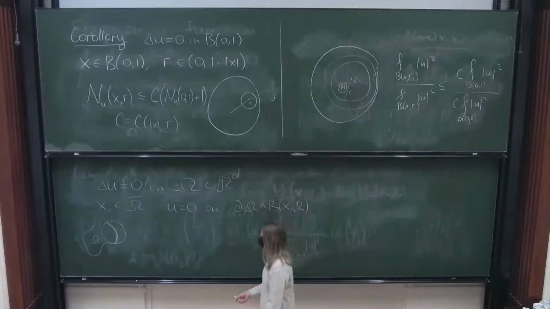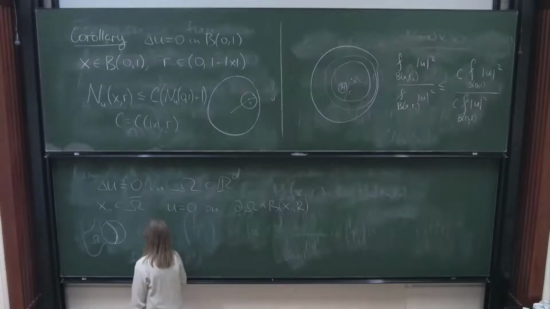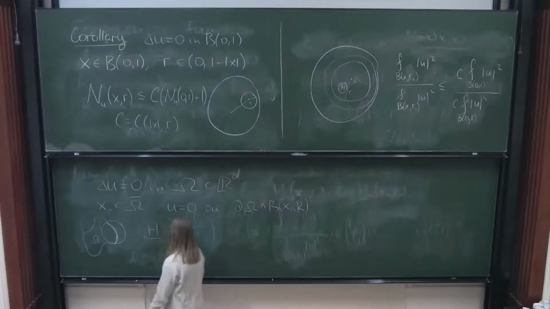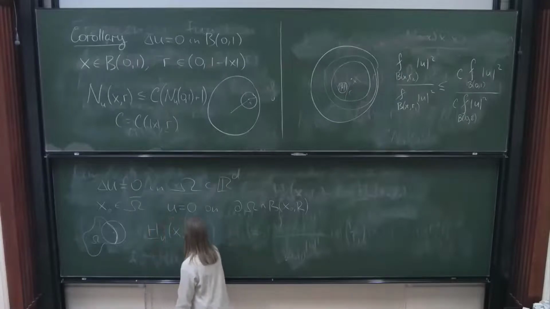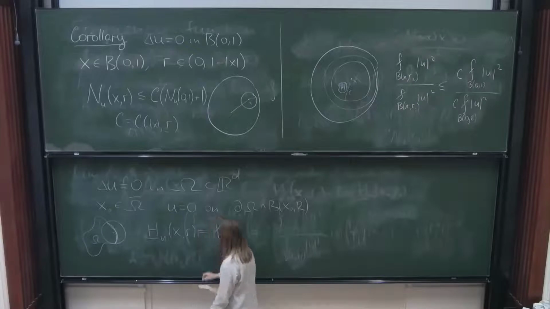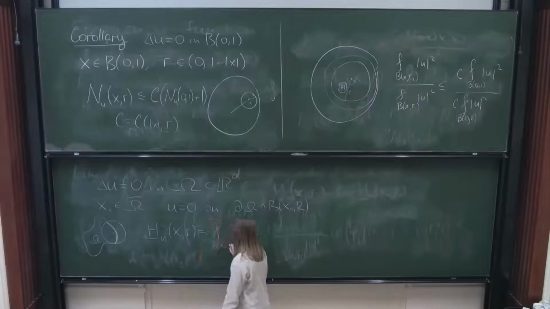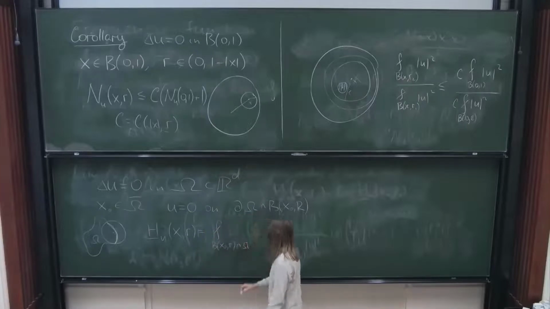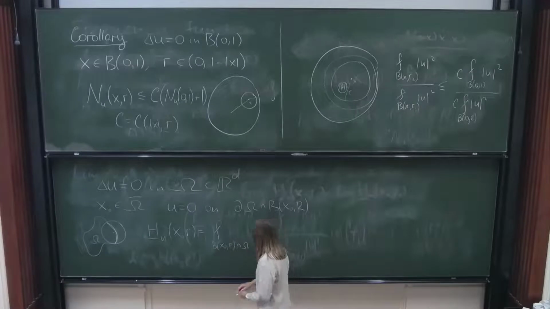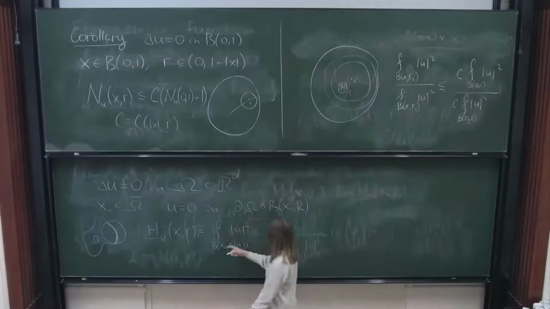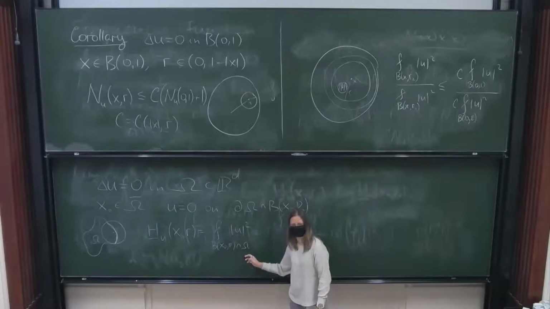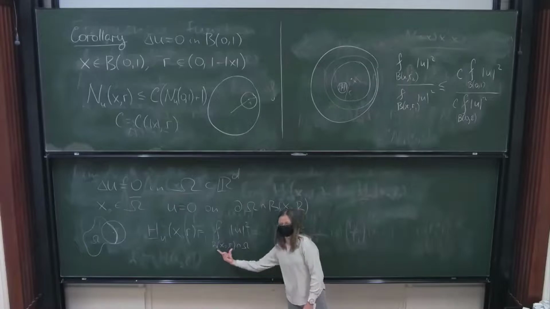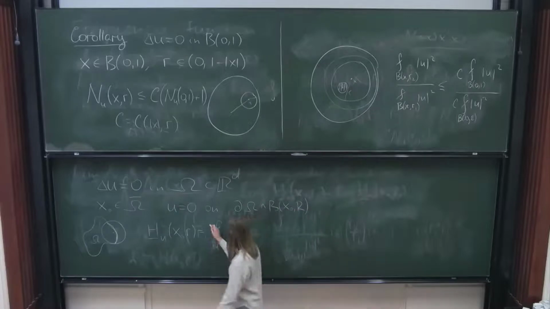Then we do the same as before. I think it's better to use the lower frequency here. Do the averages on the balls. I'm going to integrate my function squared over the intersection of the ball and the domain, but I will divide over the whole ball.